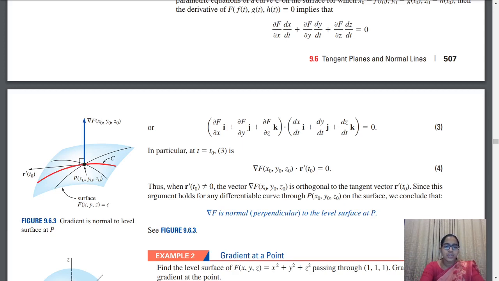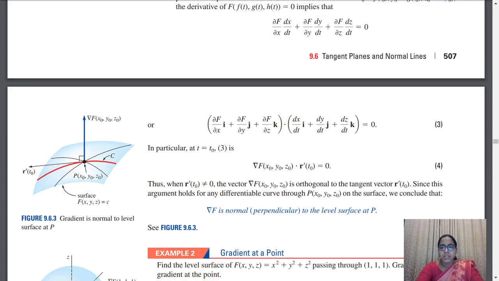The blue shaded region is the surface f(x, y, z) = c, and we have the curve C and the point P(x₀, y₀, z₀). The tangent would be r'(t₀), and grad f will be perpendicular to this curve, that is, perpendicular to the tangent.